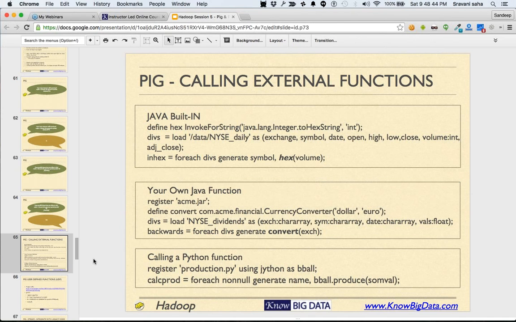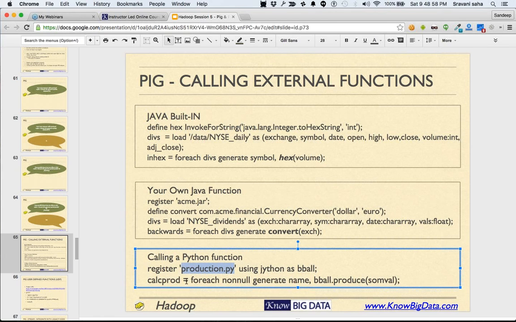Now, in case you want to call a Python function, it's actually pretty straightforward. All you need to do is register your Python class using Jython and give it a name, and then you can call any function defined in that file.